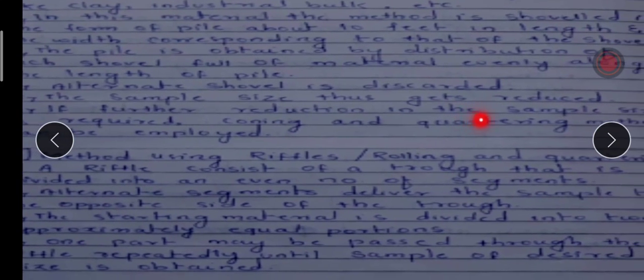The pile is obtained by distribution of each shovelful of material along the length of the pile. Alternate shovelfuls are discarded. The sample size thus gets reduced. If further reduction in the sample size is required, the coning and quartering method can be employed.